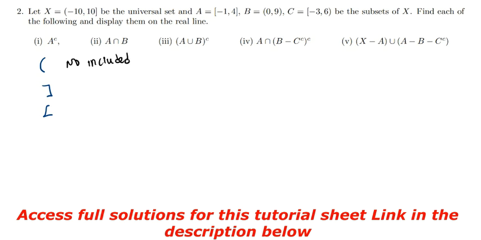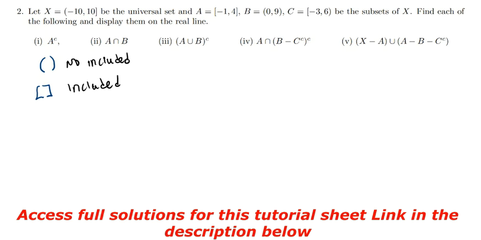These two mean the same, not included. Then where you see these two, this simply means included. So before you start answering questions here, you have to pay particular attention to which symbol has been used.